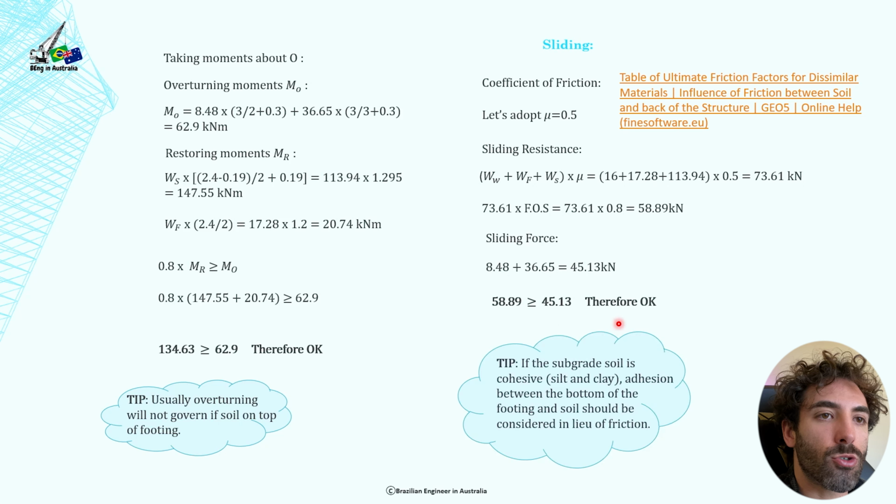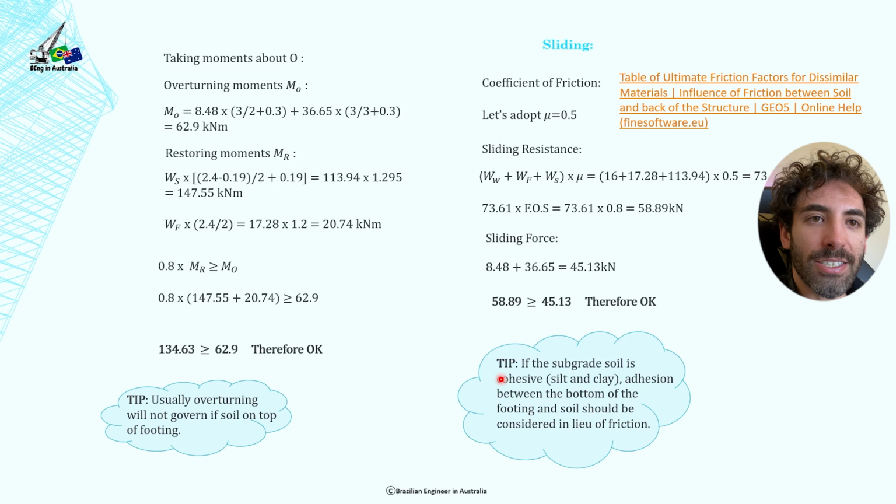If the subgrade soil is cohesive, so if you have a silt or a clay, adhesion between the bottom of the footing and soil should be considered in lieu of friction. So instead of using the coefficient of friction, you're gonna use an adhesion number.